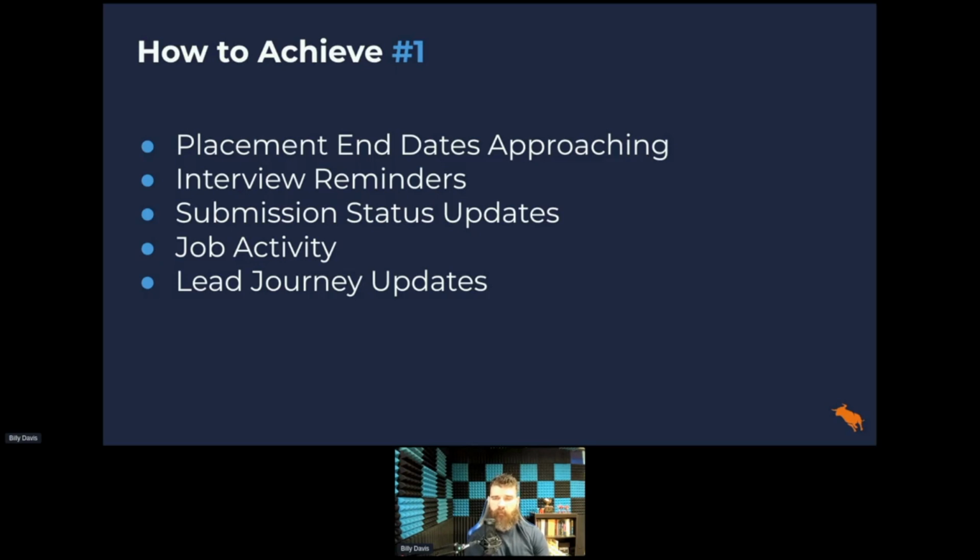Submission status updates. One of my favorite automations is where you can provide updates to the client and the candidate on where they are in the process, and then ensure that someone's not getting stuck in one of those phases. As an example, if a candidate has been sent out to a client, but you haven't gotten feedback in a day, 2 days, 3 days, whatever time period you define, you can trigger reminders or alerts. These can send communication directly to the client asking, do you want to interview this person, or asking for feedback?